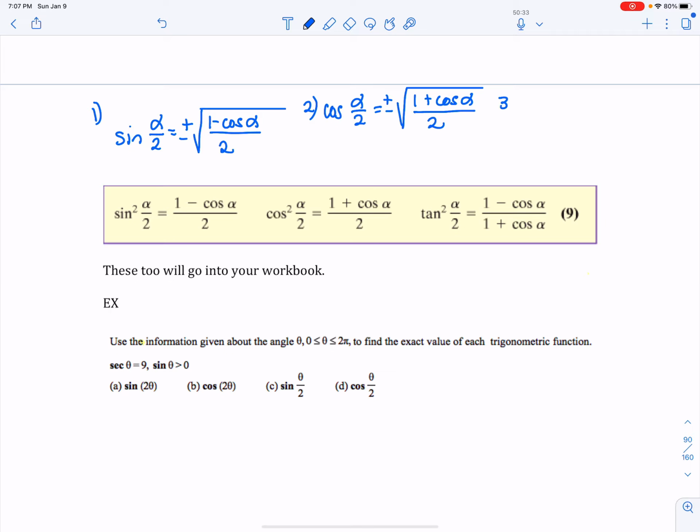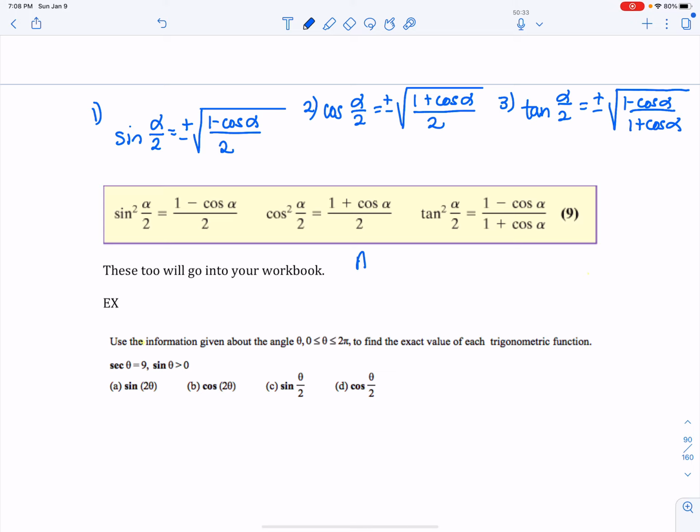And finally, the third one, once again, take the square root of both sides. I get tangent of the half angle equals plus or minus the square root of (1 minus cosine of the angle) all over (1 plus cosine of that angle). Okay? Now, since I have plus or minus, because I had to use the square root property there, I'm going to have either a plus answer or a minus answer.